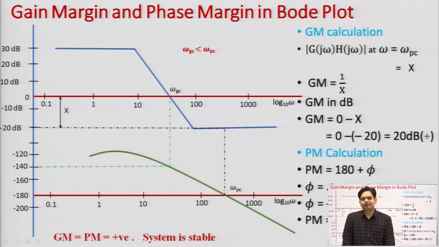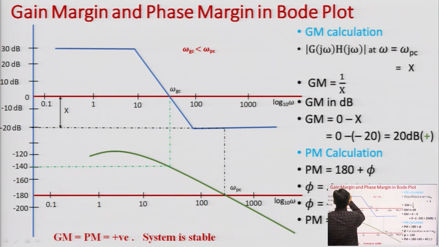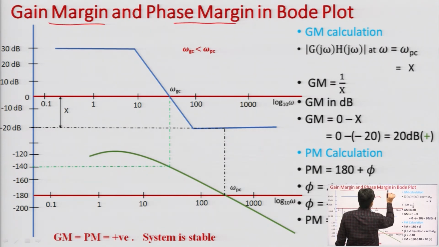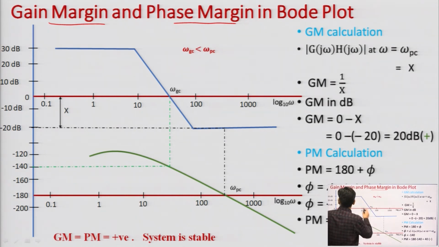Okay. So, first we would like to see the application of this Bode plot in determination of stability of system. Okay. Again we are observing here the open loop transfer function, and with the help of that we would like to estimate the stability of the closed loop system. So, here we would like to see for stability the gain margin and phase margin with respect to the Bode plot. Okay. So, here this is my magnitude plot, you can see this blue line.